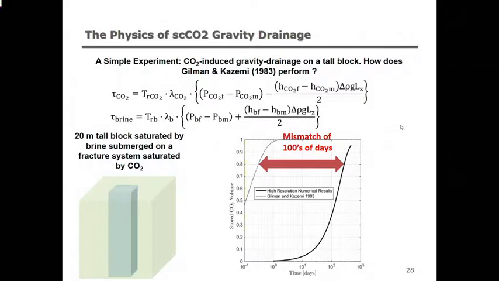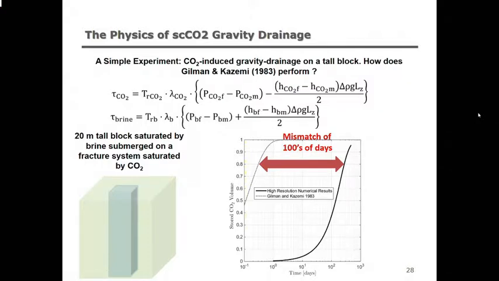So with this idealization, we can run simulations on this simple conceptual representation and see what conventional models provide us in comparison to what we actually see. And we see a substantial difference here.